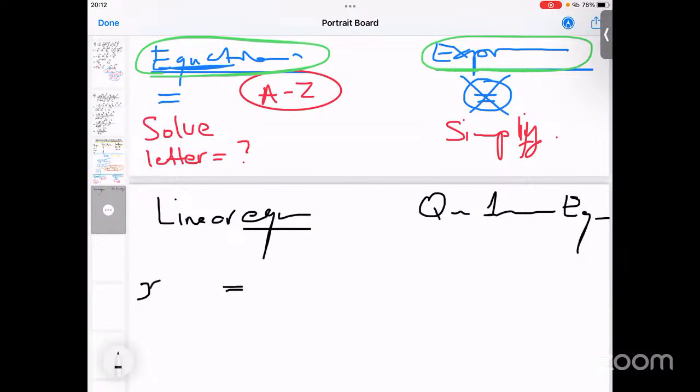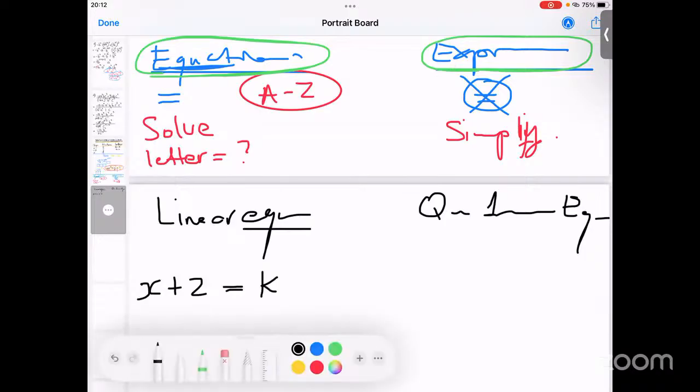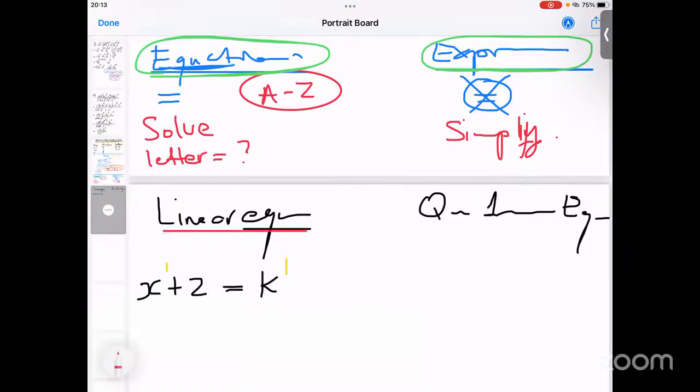And then you might have the letters there, maybe plus 2 there, and then here let's have K. So when you look at your equation and you analyze the exponents on every letter, you can see that we have an invisible exponent of 1. So the highest exponent is 1. For that reason, it is therefore a linear equation.